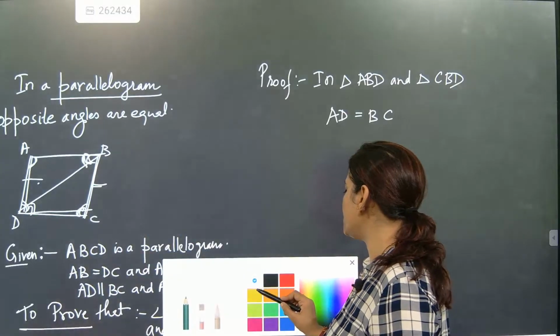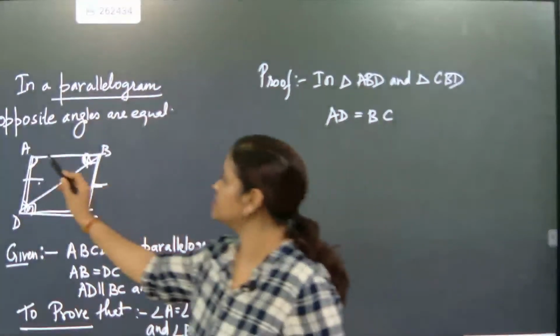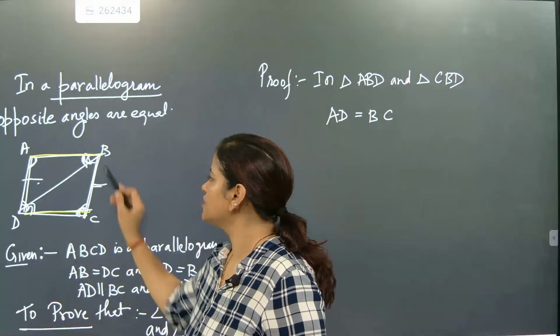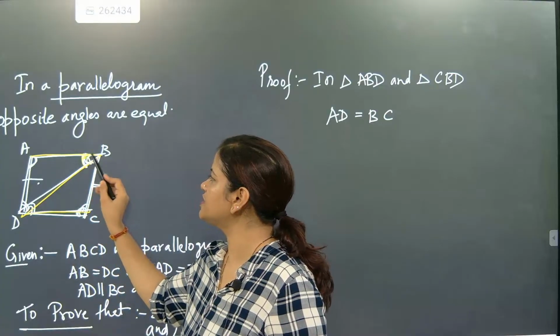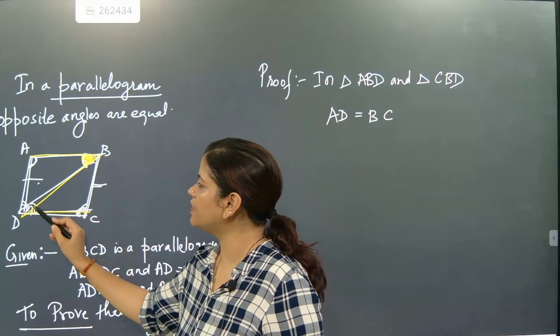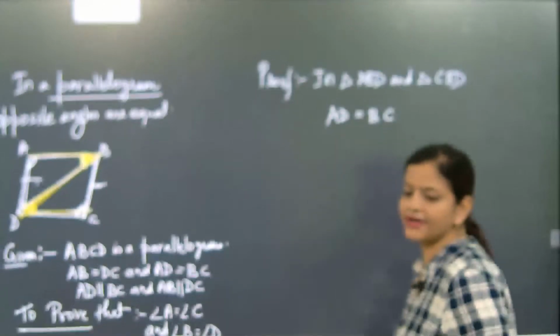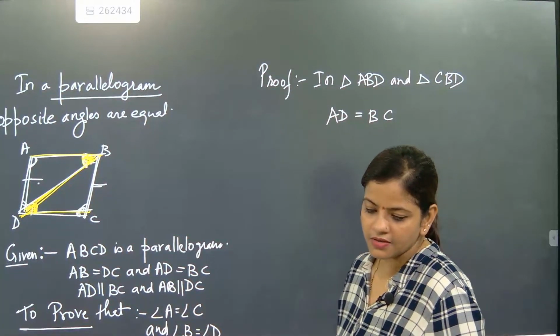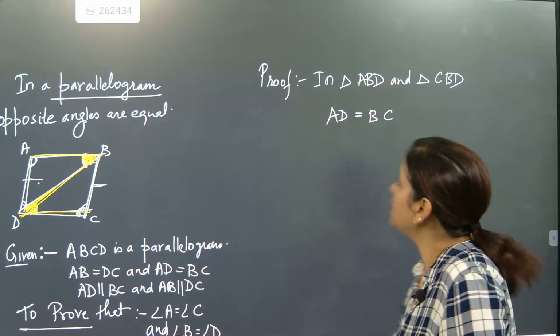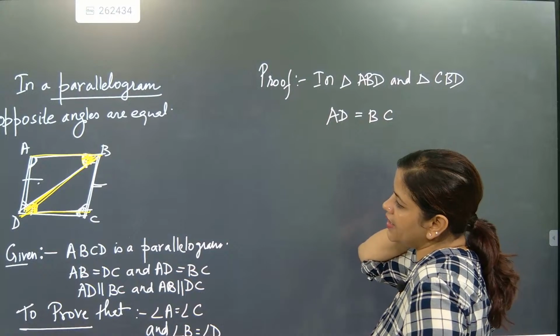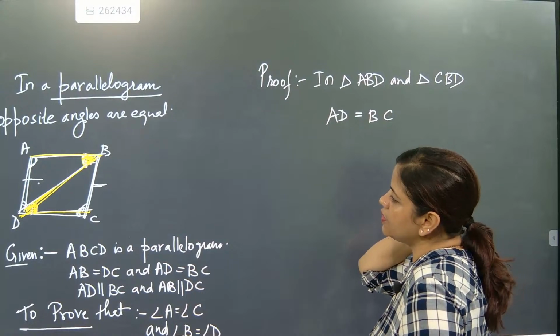If you are exactly going to draw it, this is parallel to this, so this is acting as transversal. So this angle will become equal to this angle. Yes or no? Alternate interior angle.